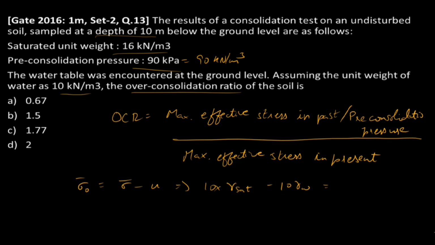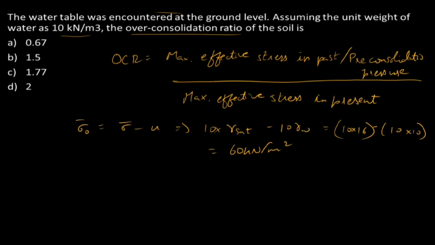So it will be 10 into 16 minus 10 into 10, which gives 60 kilonewton per meter square. Therefore, over consolidation ratio will be equal to 90 by 60, which is nothing but 1.5. Option B is the right answer.